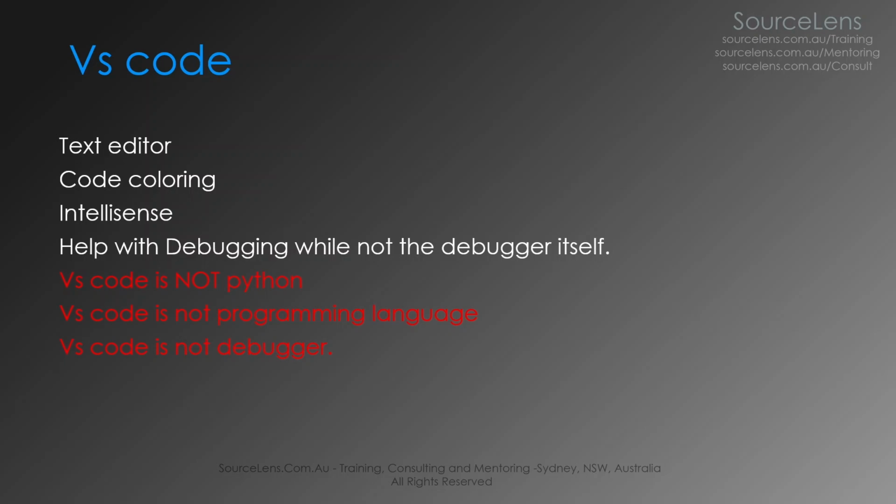It is just using the Python debugger behind the scenes, copying the values and showing them to us. So it is very important to understand these points. Visual Studio Code, at the end of the day, is nothing but a text editor on steroids. Very simple. A big fat text editor.